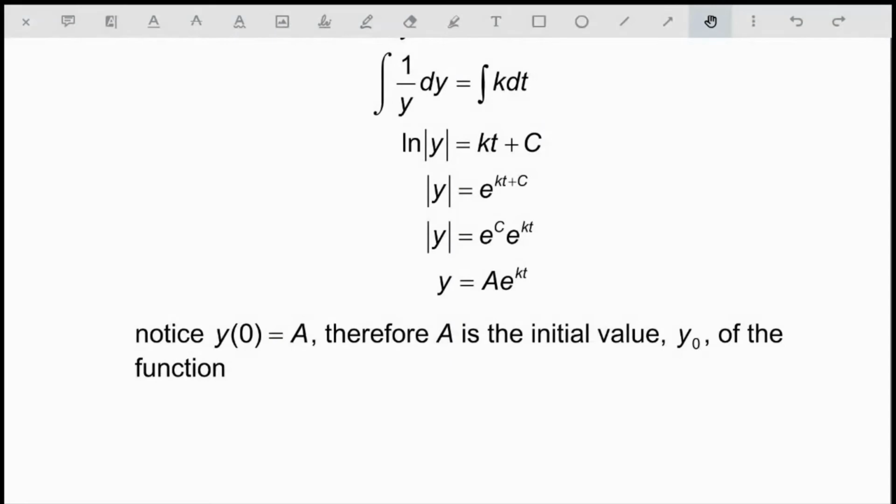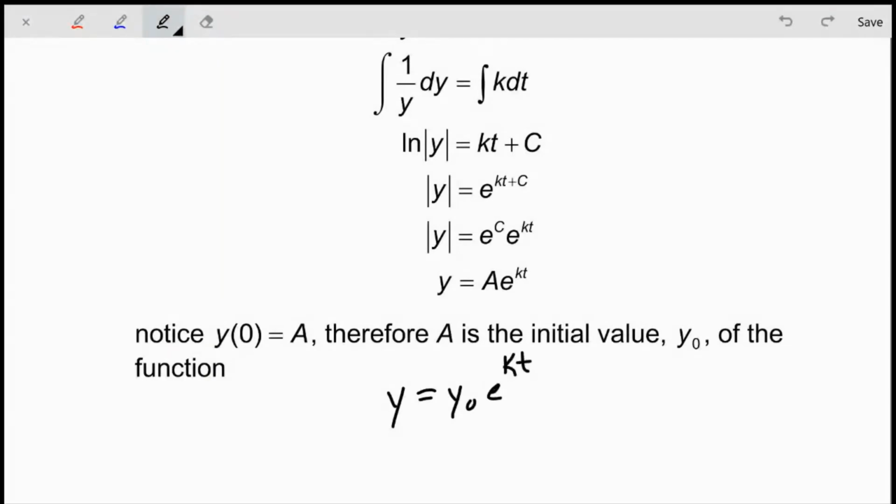And if that's the case, then we can write our solution in a slightly altered form: y is equal to the initial value times e to the kt power. That would be our general solution, where y naught is usually given in the problem, and k, that exponential growth constant, is something we usually have to solve for.